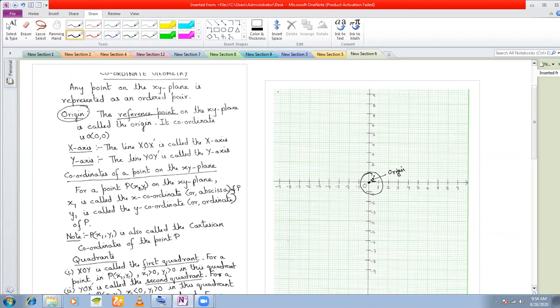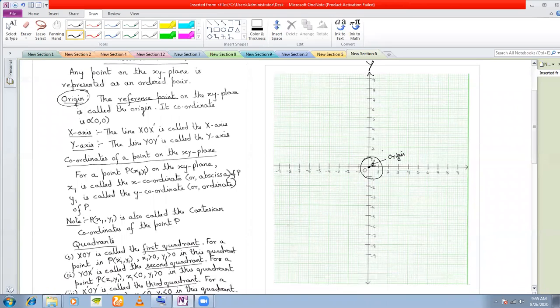This entire straight line is called your y-axis. From your origin, if you are moving towards this line, then this is your positive direction of y.